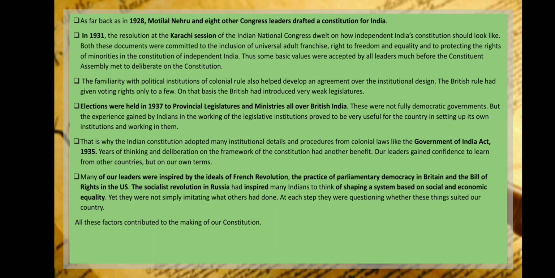Elections were held in 1937 to provincial legislatures and ministries all over British India. These were not fully democratic governments, but the experience gained by Indians in the working of the legislative institutions proved to be very useful for the country in setting up its own institutions and working in them.